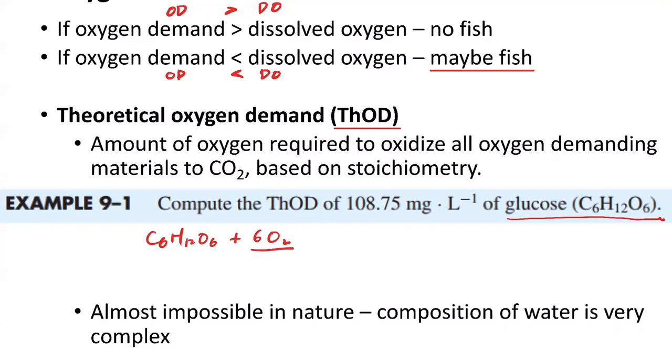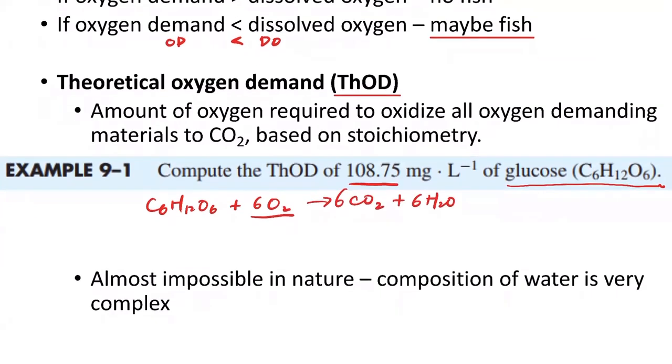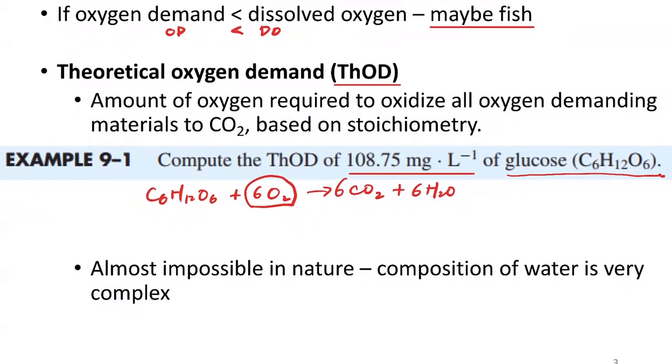So this is the oxygen demanded by this chemical, to form 6 carbon dioxide and 6 water. And if we know the concentration of the glucose in the water, then we can calculate the corresponding amount of oxygen that's required to oxidize these organics.